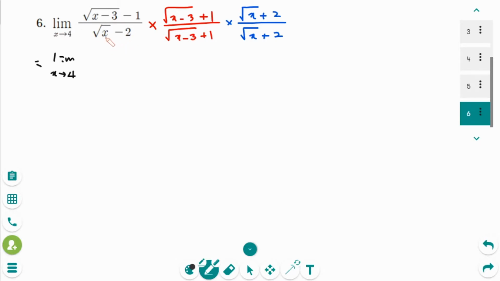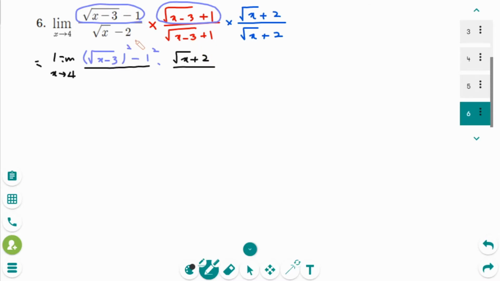In the numerator, expand these two binomials: square root of x minus 3 squared minus 1 squared. Keep the last one as is. Expand these two binomials: square root of x squared minus 2 squared, and keep the middle one as is.